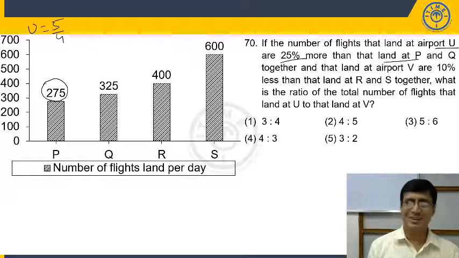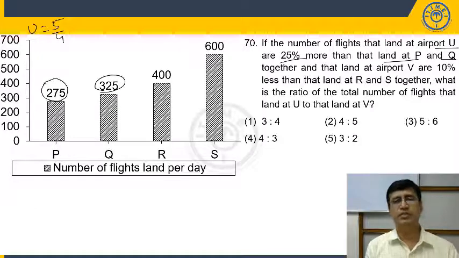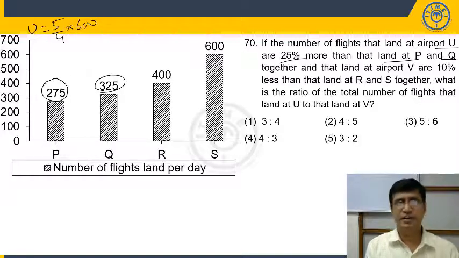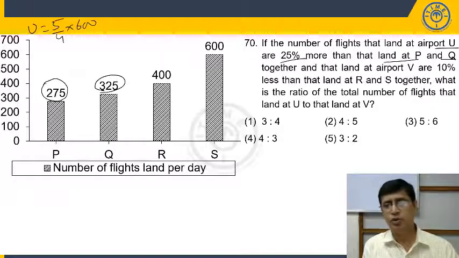Sorry, P and Q together. P and Q together means 275 plus 325. How much is it? 600. It's not P only. Okay, P and Q together.